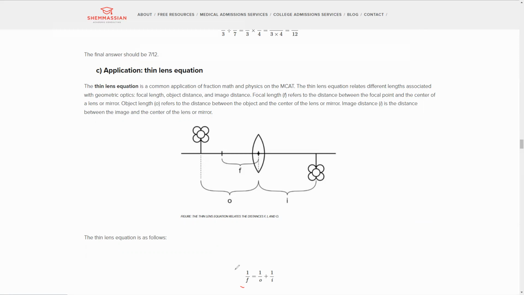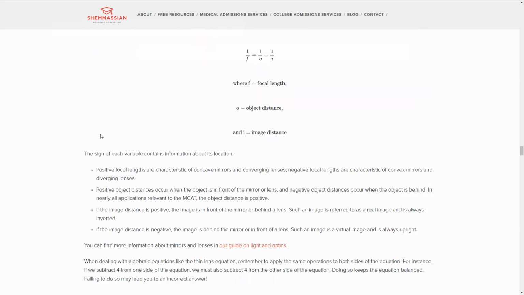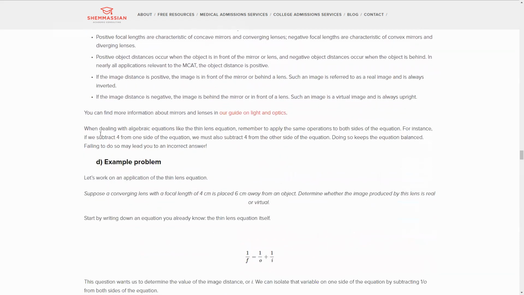The thin lens equation is just this: 1 over the focal length is equal to 1 over the object distance plus 1 over the image distance, right? So this is where we're seeing addition of fractions.